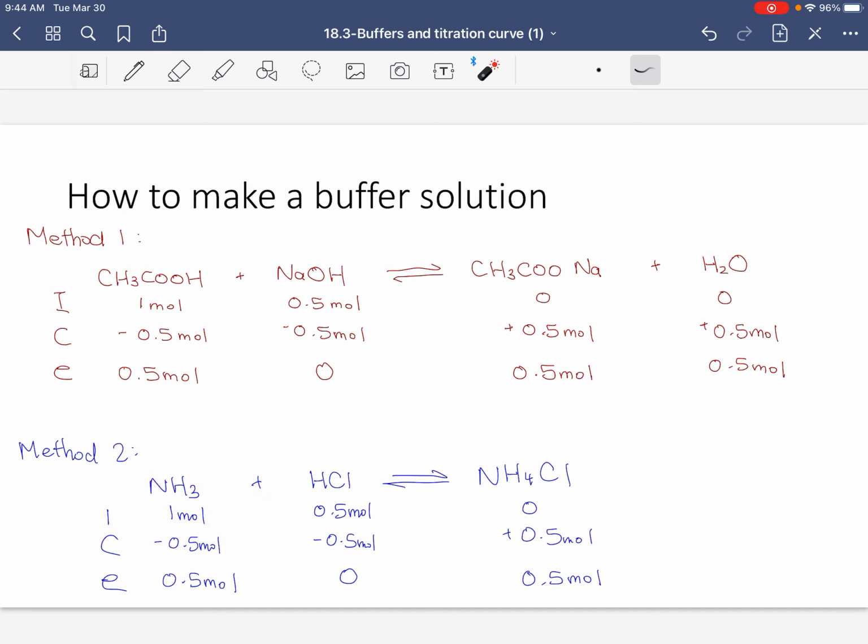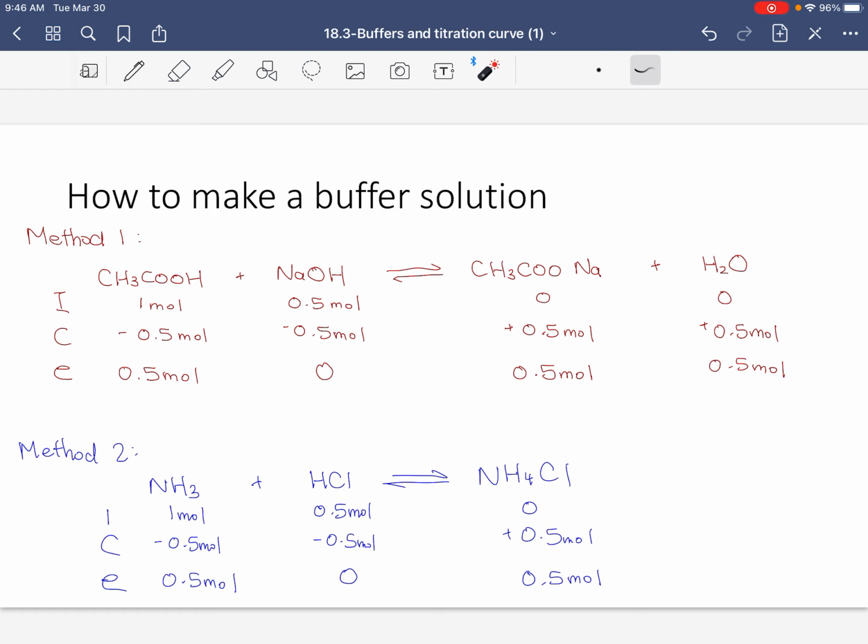But the trick here is, whatever weak acid you're going to use, you are going to use half the molar amount of strong base. Sorry, half the amount of your weak base and half the amount of your weak acid. I have no idea what I just said, but hopefully the numbers say it all.